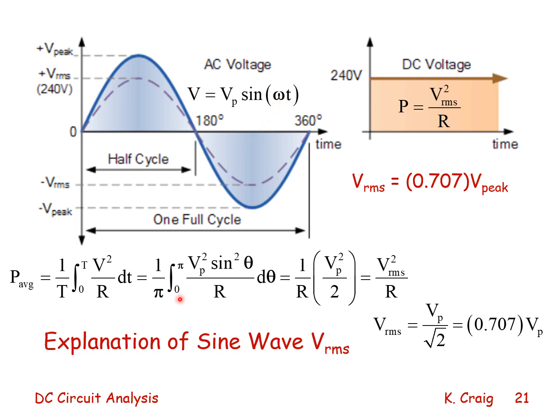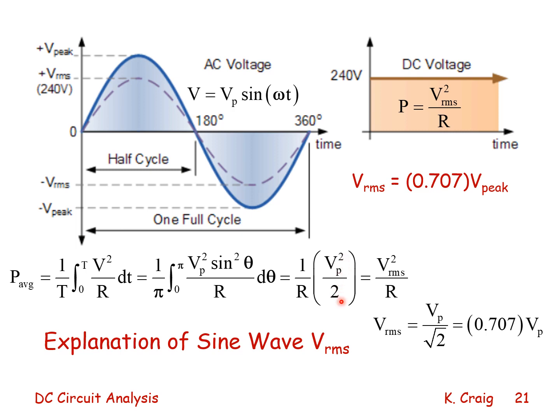I integrate between 0 and pi, which is the half cycle, of Vp squared sine squared of theta divided by R, my, again, instantaneous power, and I divide by pi, which is the period of this half cycle. If I integrate that, the mathematics will show that this is equal to 1 over R times V peak squared divided by 2.